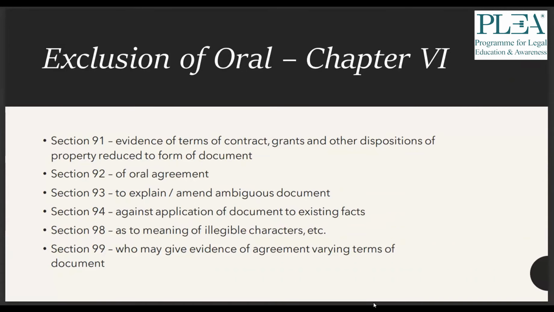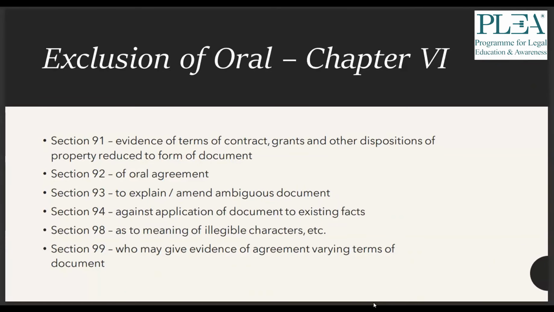So the whole exclusion of oral evidence included in chapter 6 talks about the fact that you cannot give a statement to prove one document from the other when there is ambiguity between the two, because any person who's going to come and give a statement is going to talk in his own favor. So how is the court going to understand who is lying and who is telling the truth? That's the reason why exclusion of oral evidence in chapter 6 is included from section 91 onward.